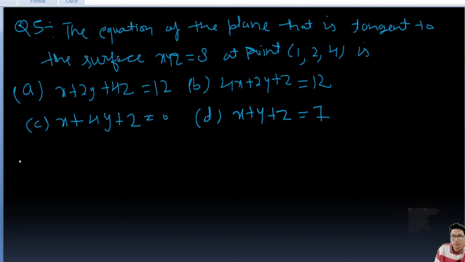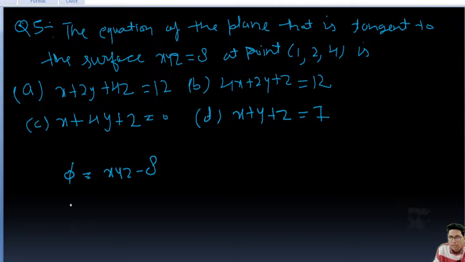I'll read it for you. The equation of the plane that is tangent to the surface xyz equal to 8 at point (1, 2, 4) is. So you need to find the equation of the plane. I'll make a figure. First of all, I'll explain that we have been given phi, the equation of the surface, which is xyz minus 8.